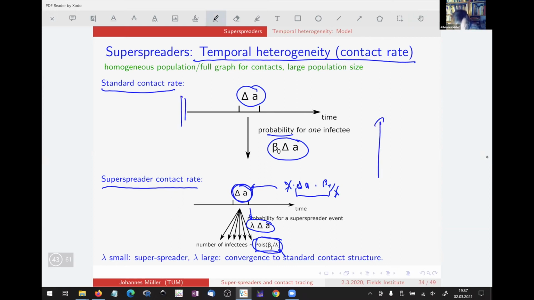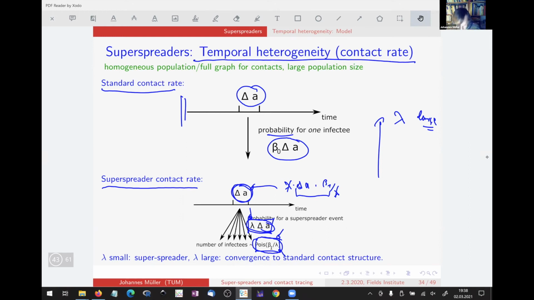If lambda is large, what does it mean? Then the probability to have in a certain time interval a super spreading event is high, but the number of infectees is very low. So if lambda is really high, then basically the number of infectees is 0 or 1 because beta 1 over lambda is tiny.